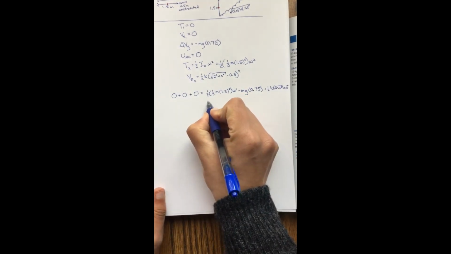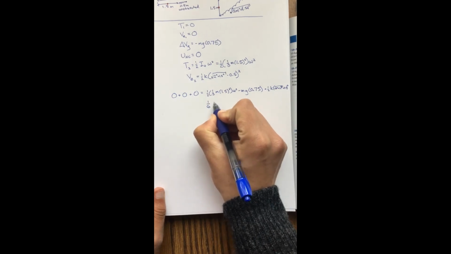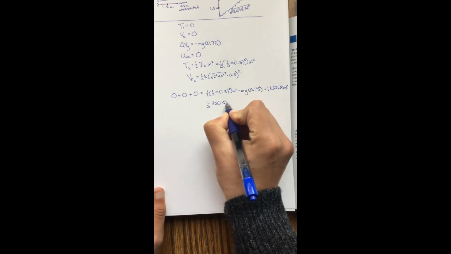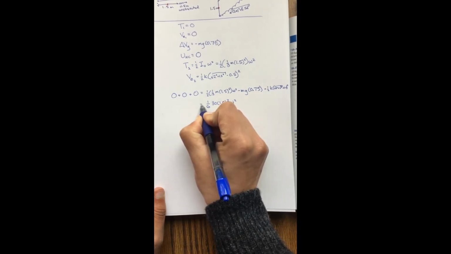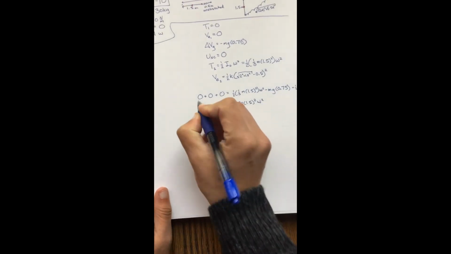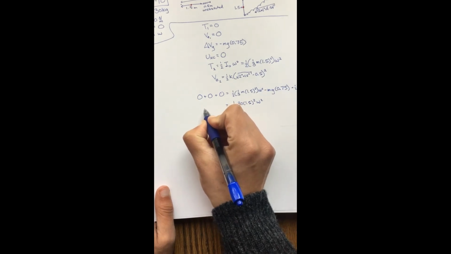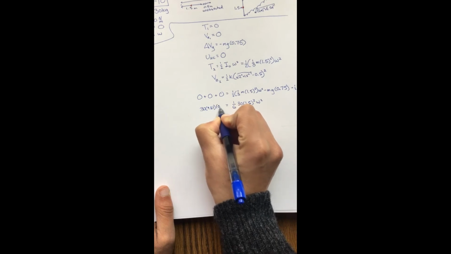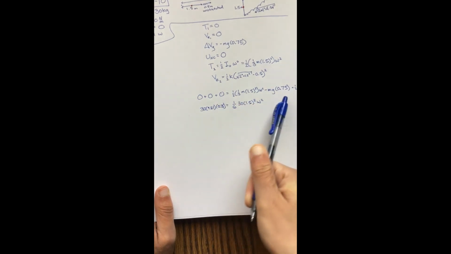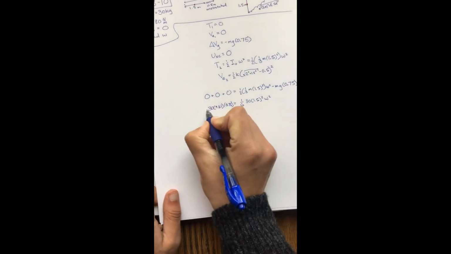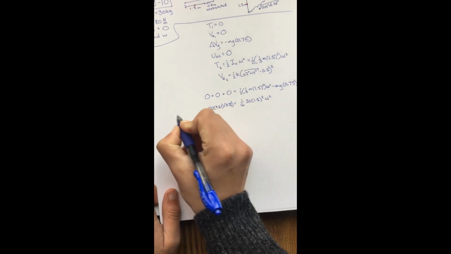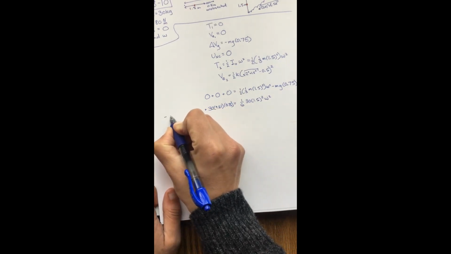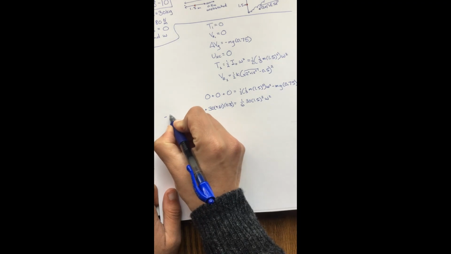And I have 1/6 times m, which is 30, times 1.5 squared times omega squared is equal to, bringing this over to the other side, 30 times 9.81 times 0.75, and then bring this over to the other side also, and it would be negative, and k is equal to 80, so that's half of 80, which is 40.